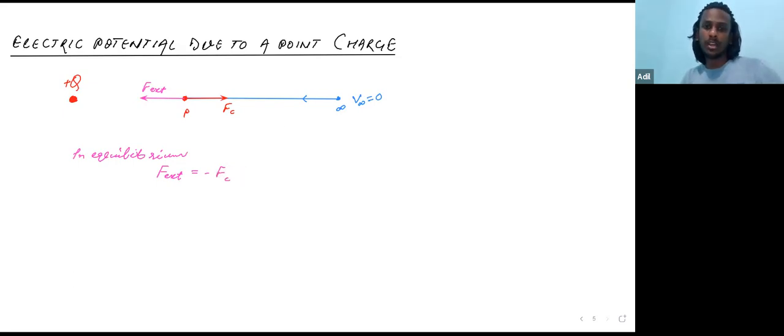Now, you can also take the separation from Q to point P as R.